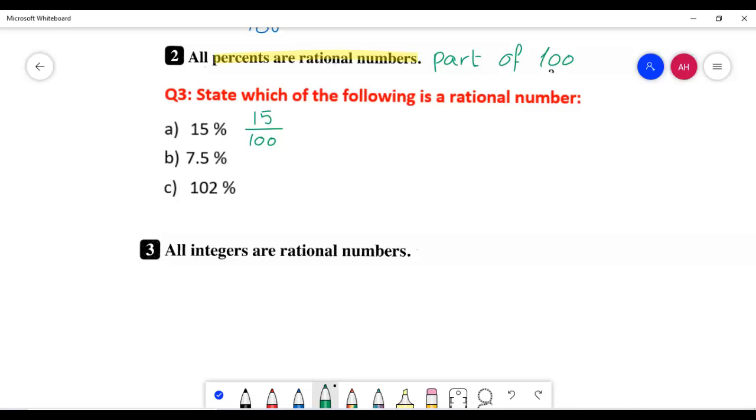I have reached the form of a over b. And my numerator belongs to integers. And my denominator also belongs to integers. And my denominator is not equal to 0. So yes, I can write a percentage in the form of a over b. So the percentage is a rational number.